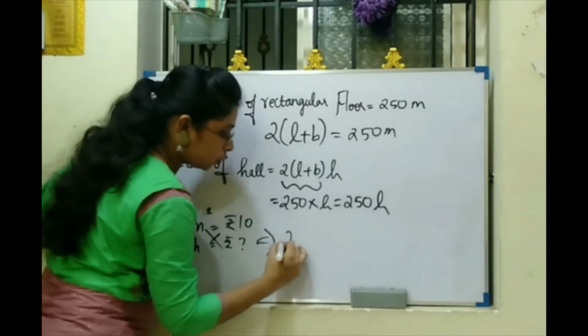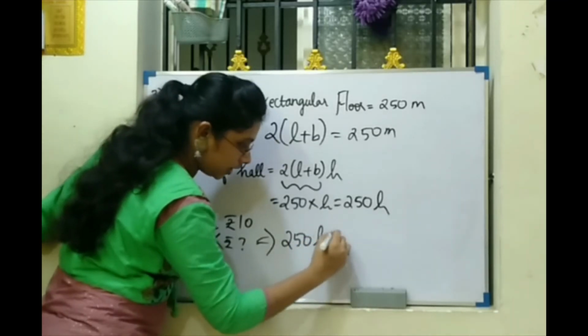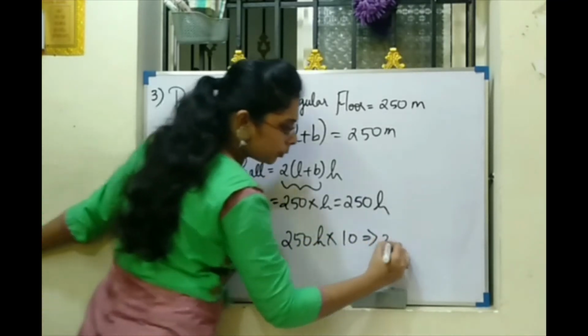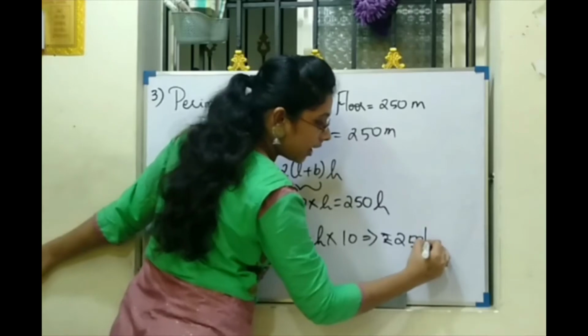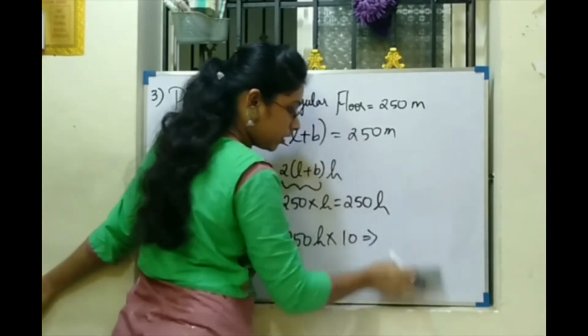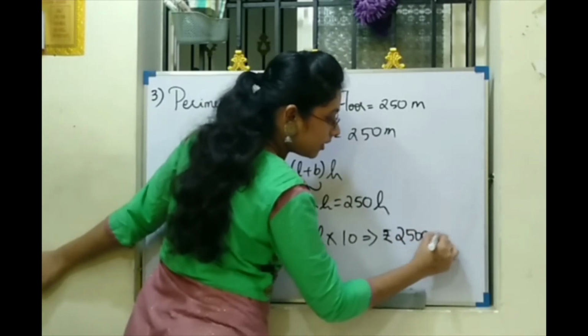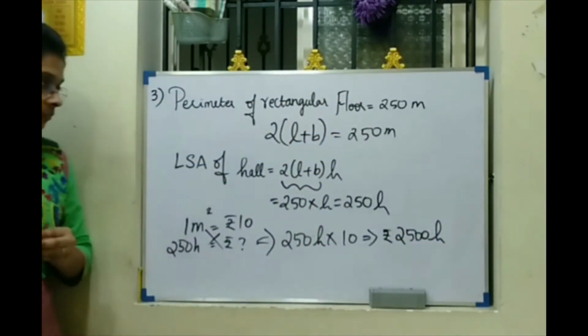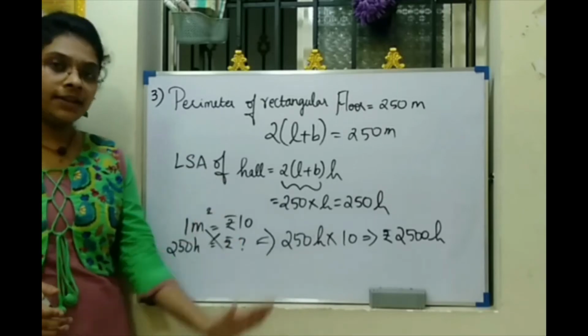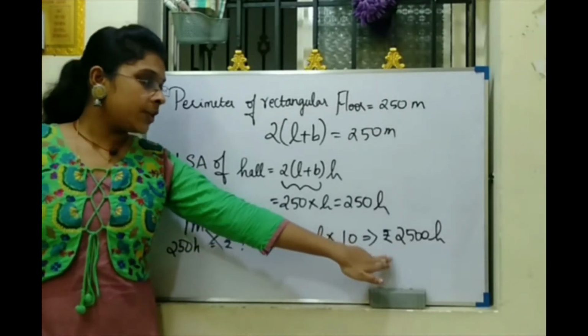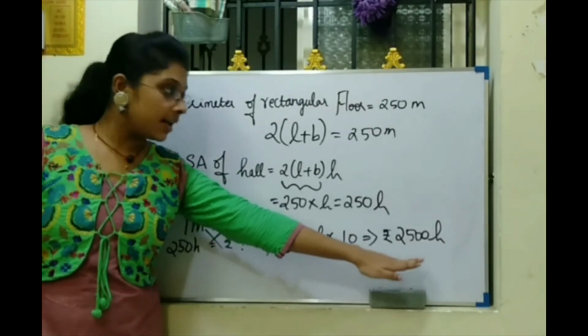That is 250 H into 10, which is equal to rupees 2500 H. So the cost for painting the walls is equal to rupees 2500 H, right?